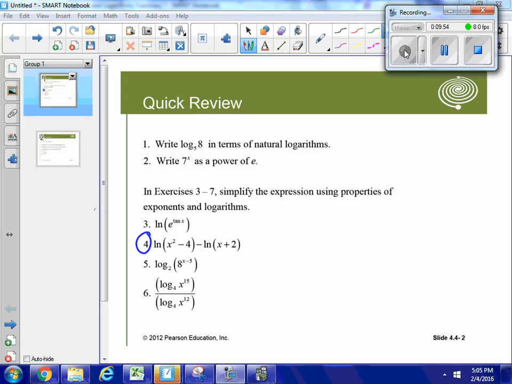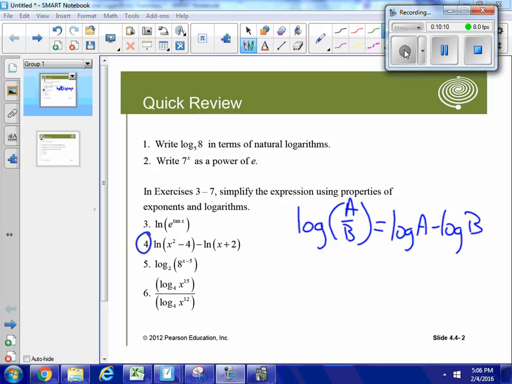Number 4 deals with another property of logarithms. You might remember that if I have log of A divided by B, it is the same thing as log A minus log B. Well, here I have a logarithm minus another logarithm.